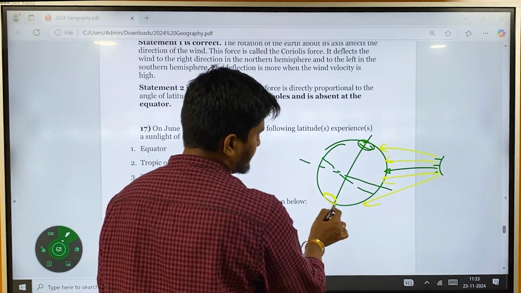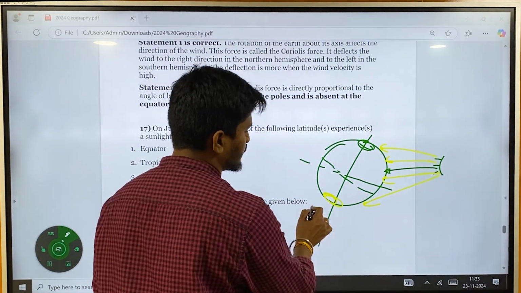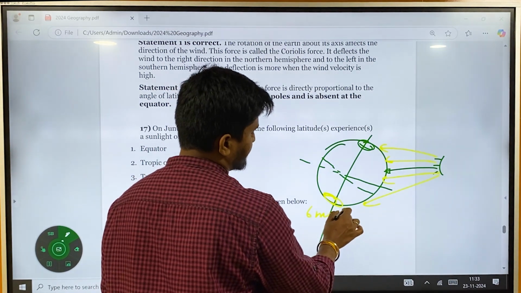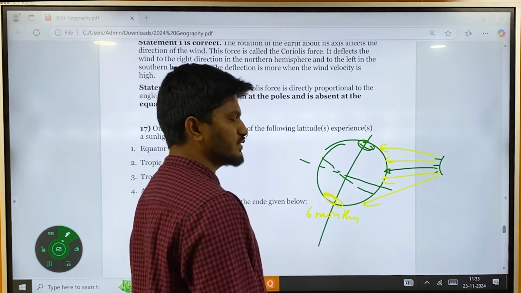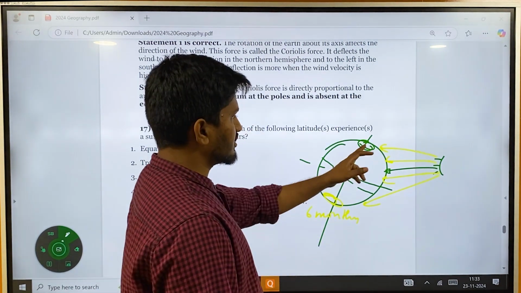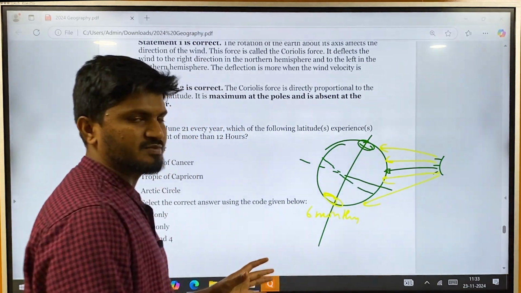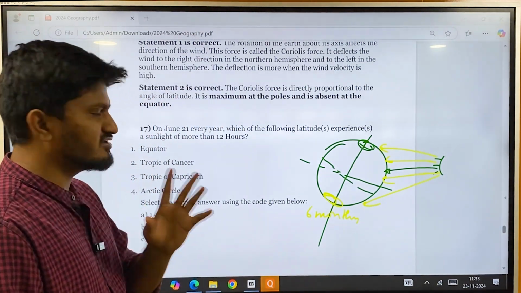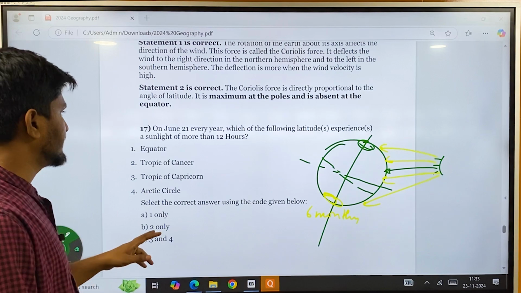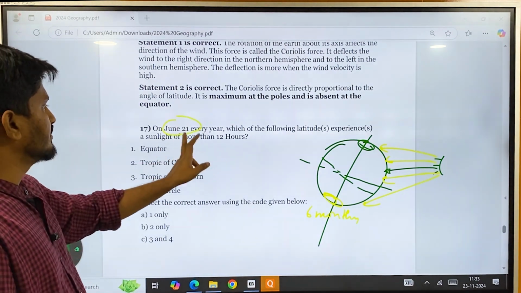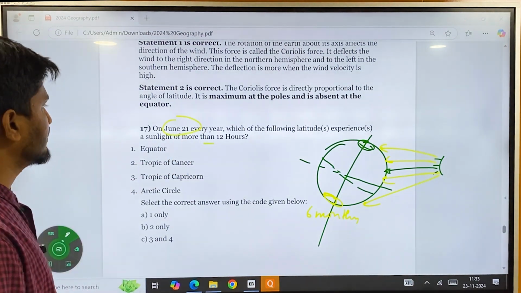That is why during the summer period, the southern pole is going to experience 6 months of darkness. And you reverse the situation when it is winter time, the northern pole is going to witness 6 months of darkness.